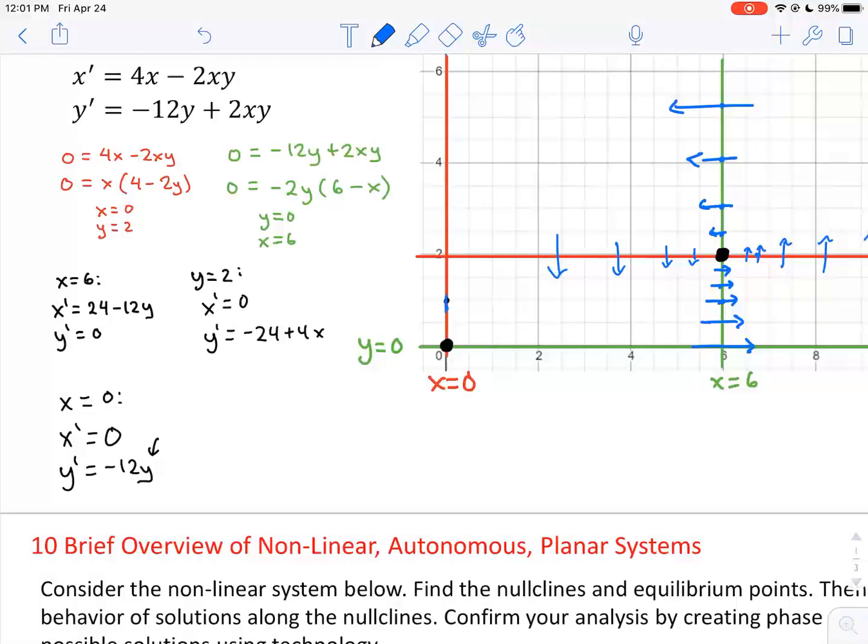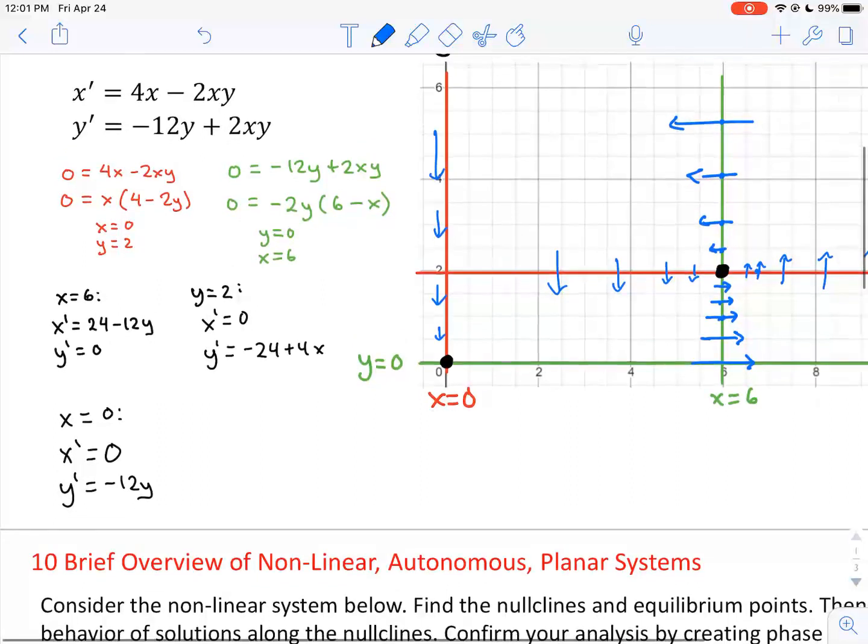So we get some small y primes here at the start. Let me put the arrows just to the left of it so we can see. So we have going down, but then going down more, and the further up we go, the more quickly the population is dropping.